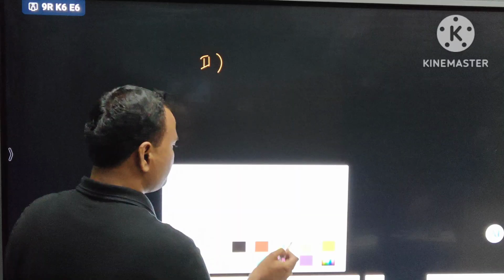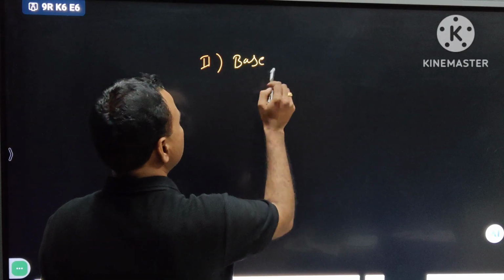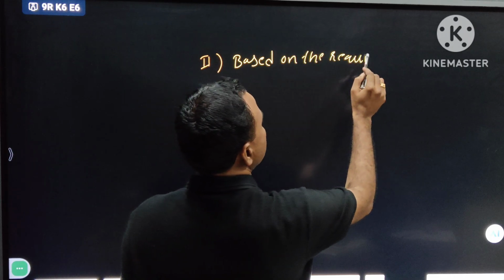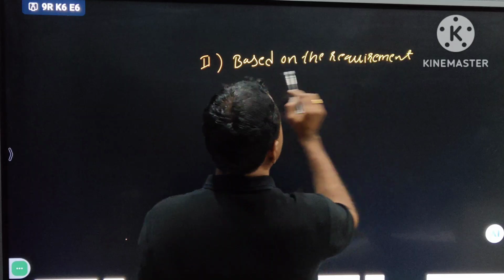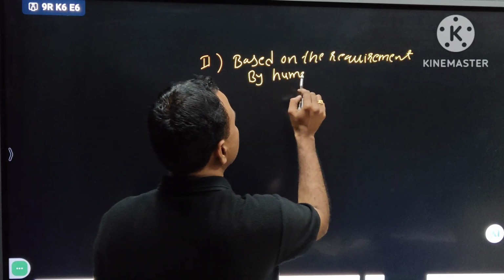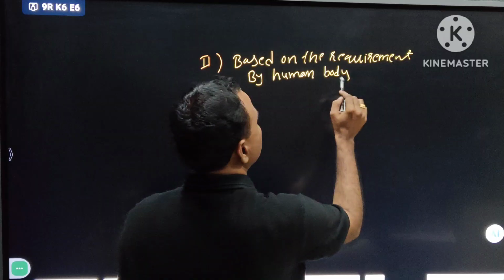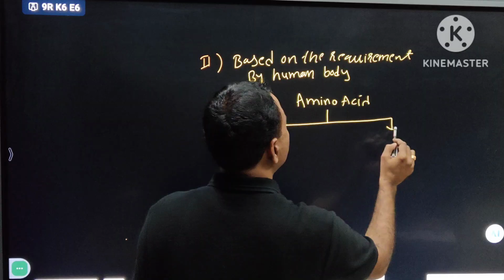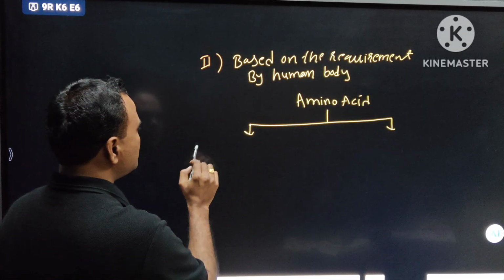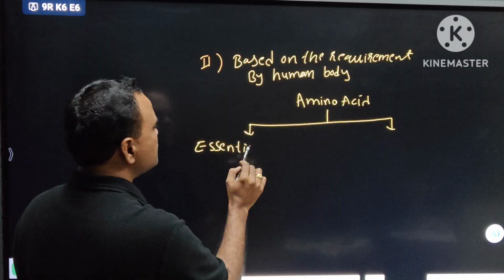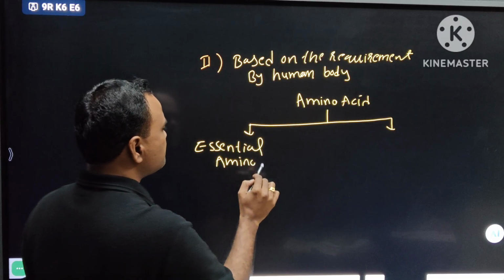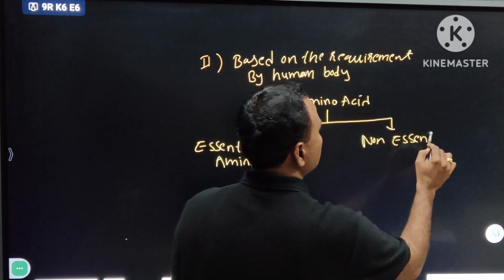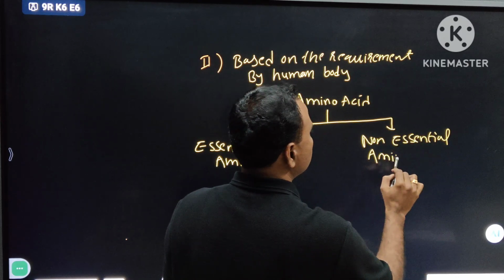Second one, based on the synthesis in the human body, or based on the requirement by the human body: essential amino acids and non-essential amino acids.